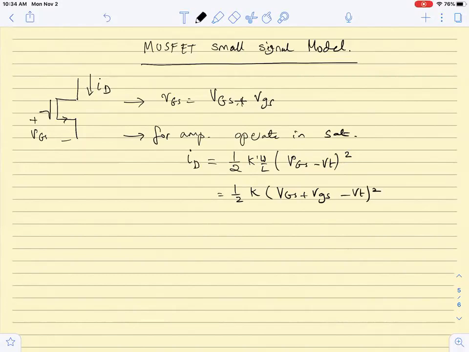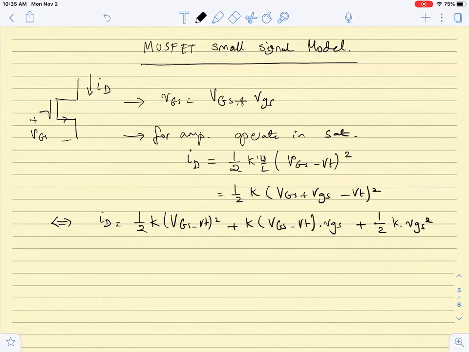Okay, so if we expand this quadratic term, we end up with ID, the total signal, equal to half K times VGS DC minus VT all squared, plus K times VGS DC minus VT times little vgs, plus a quadratic component, half K times vgs all squared.